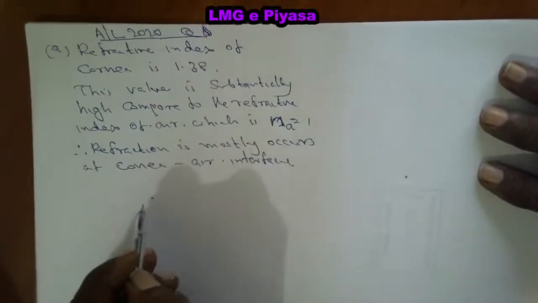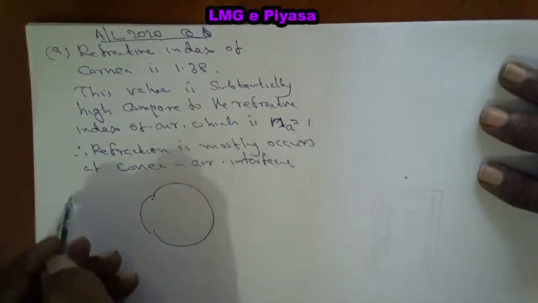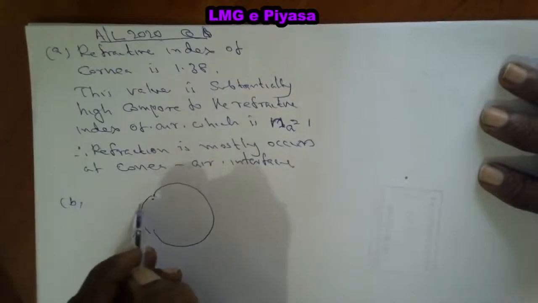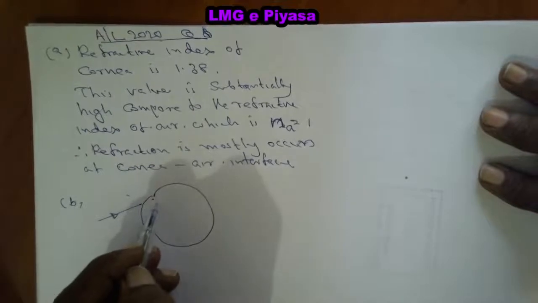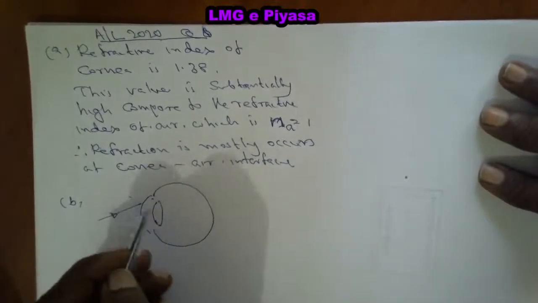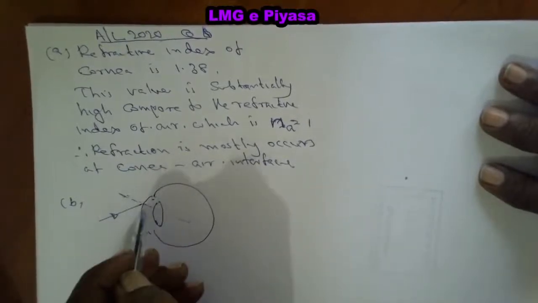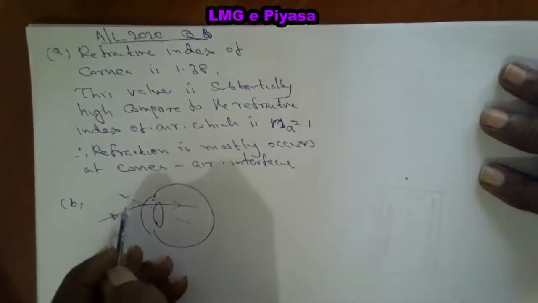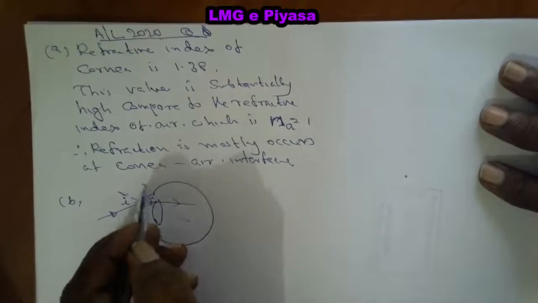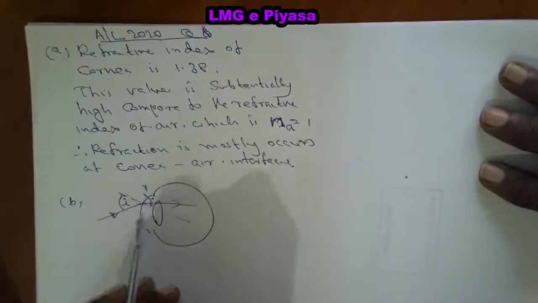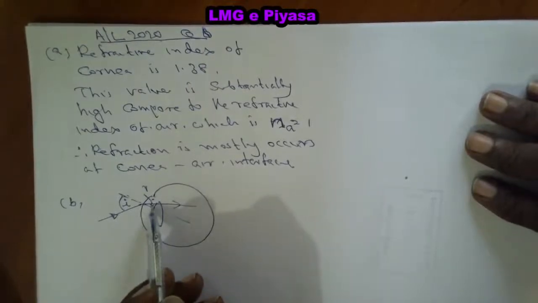So this is the light ray enters the cornea. This is a perpendicular, like this. This is I, this is R. Angle of incidence, and this is the angle of refraction.